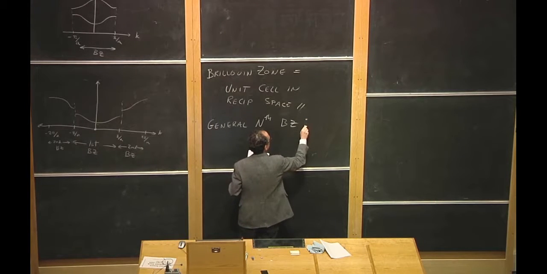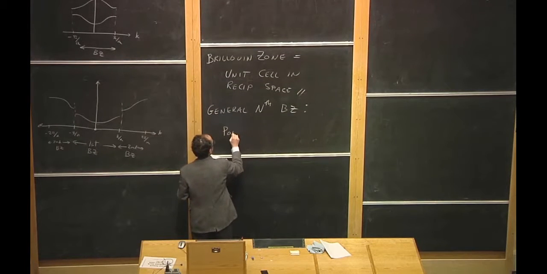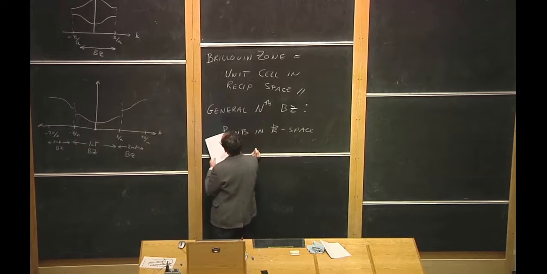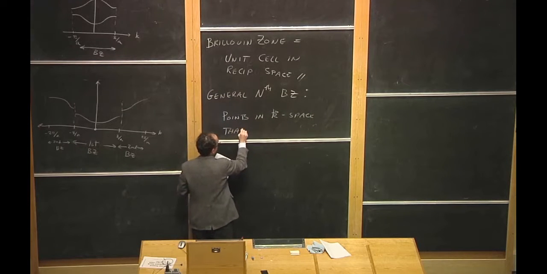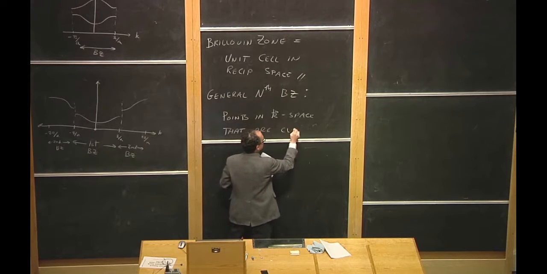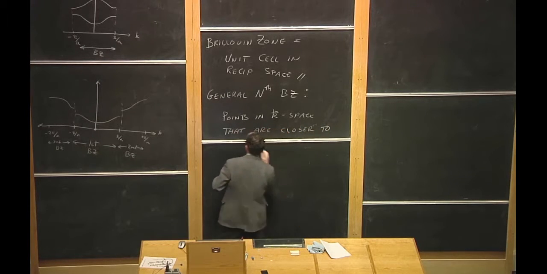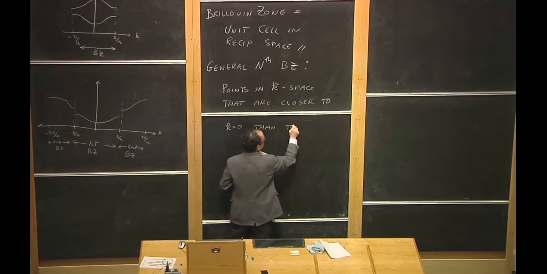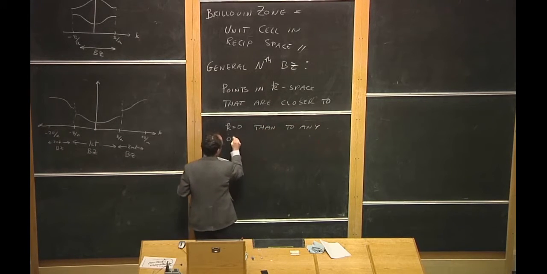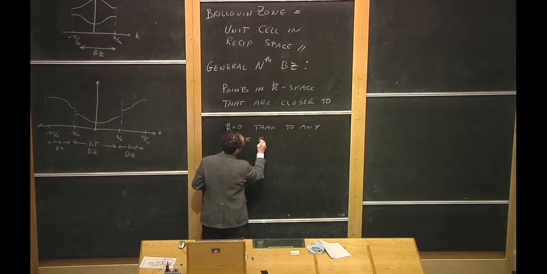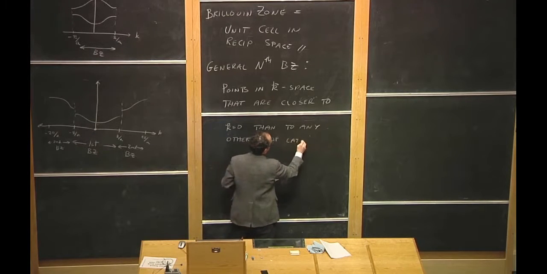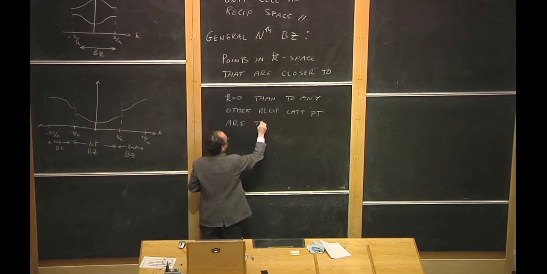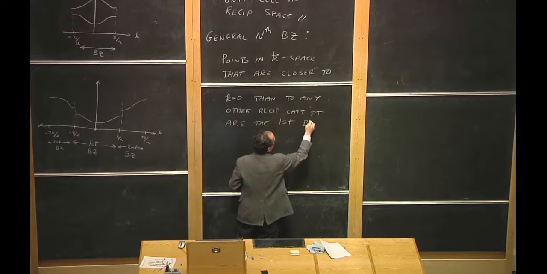So we'll start with the first Brillouin zone. Points in K space that are closer to K equals 0 than to any other reciprocal lattice point are the first BZ.